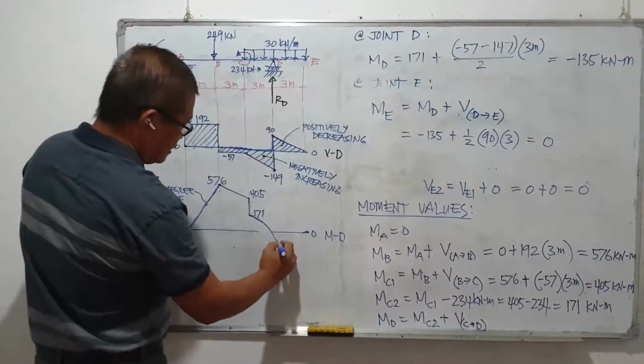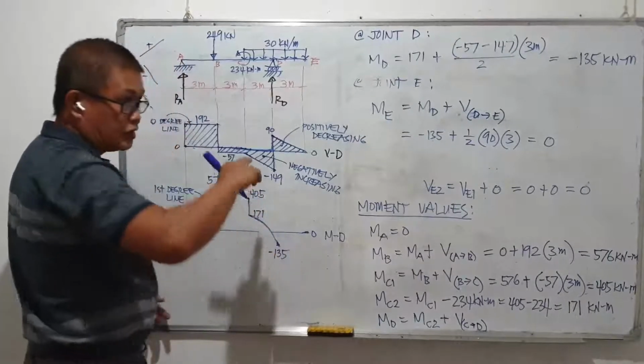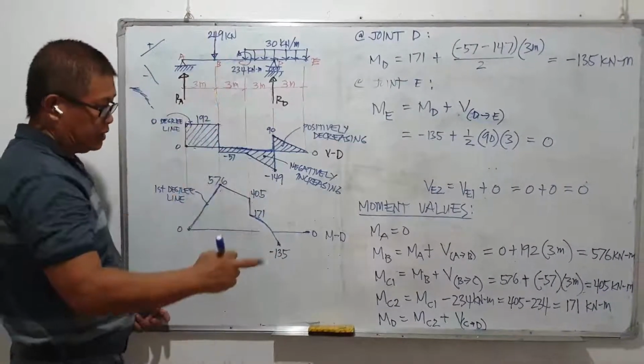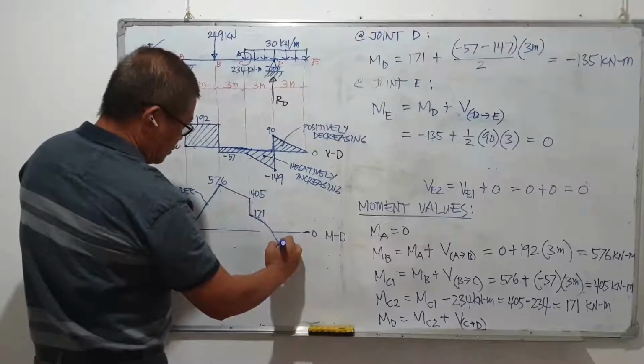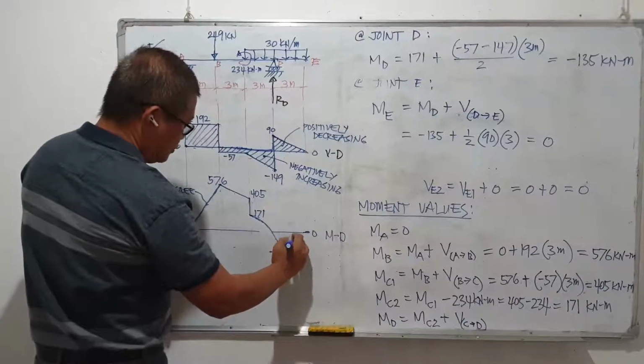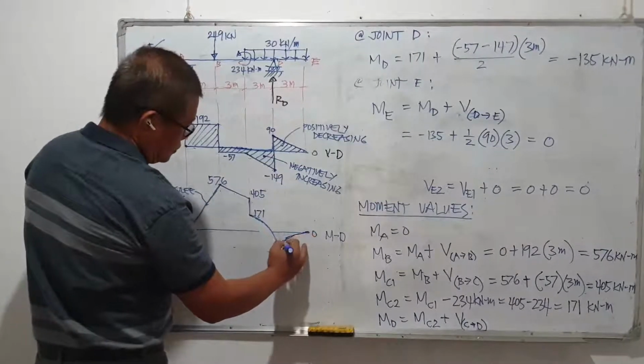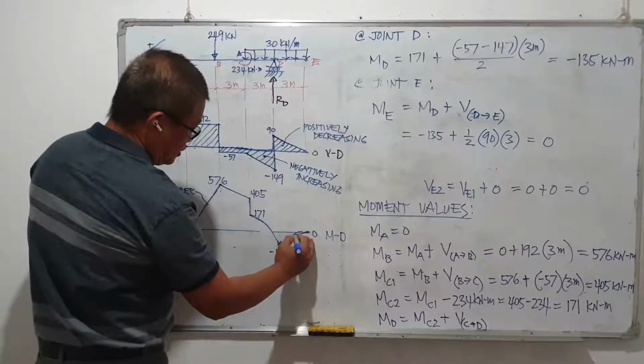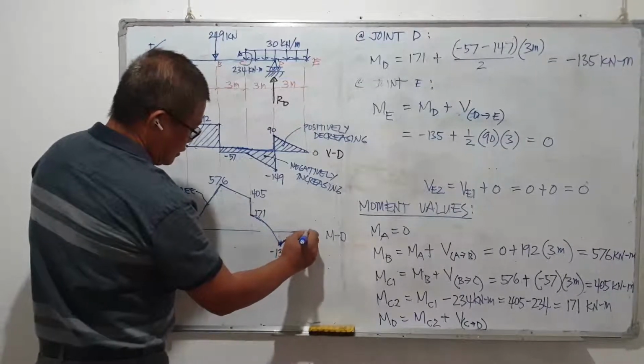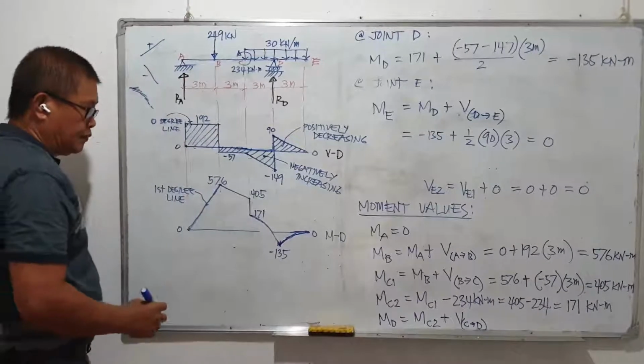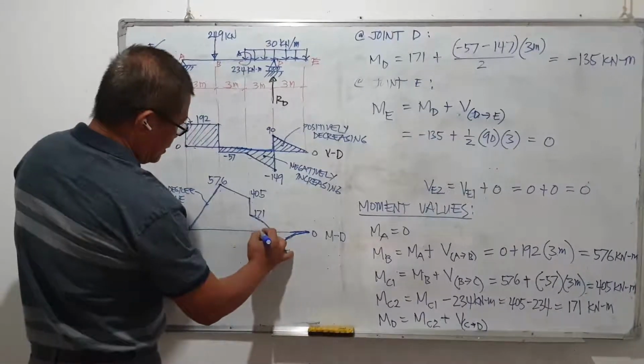So from 0 slope, 0 horizontal, then maximum vertical. So maximum, from the maximum here it goes back to 0. And this will now be the moment diagram from B to E.